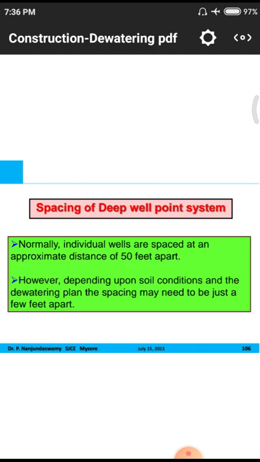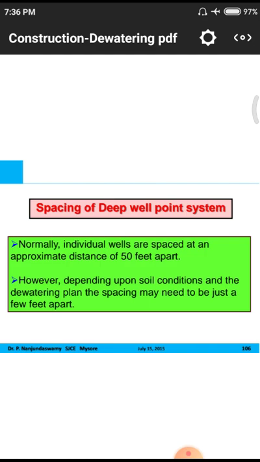However, depending upon the soil conditions, meaning the different soils we have, such as gravel soils, clay soils, silty soils, coarse grain and fine grain, and their characteristics, we have to decide the distance.